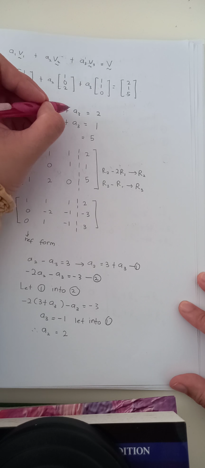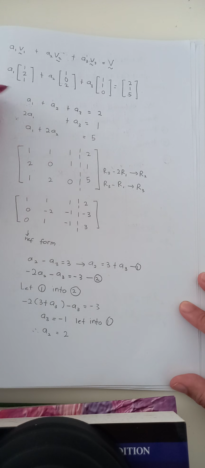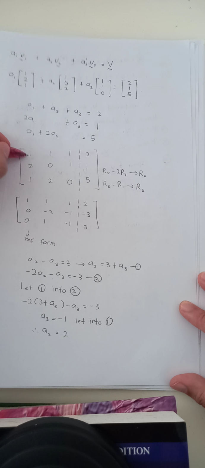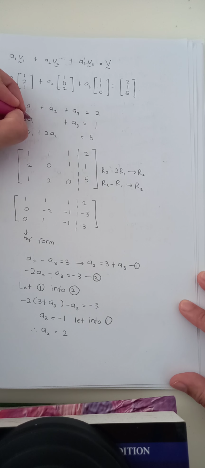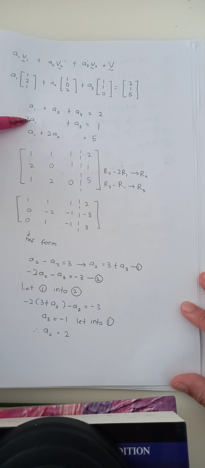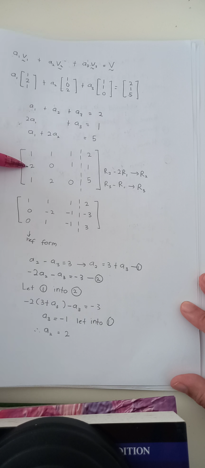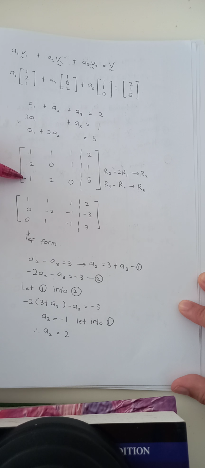So the coefficients for A1, A2, A3 go into this matrix. So the value for A1 is 1. The value for A1 in the second row is 2. The value for A1 in the third row is 1.